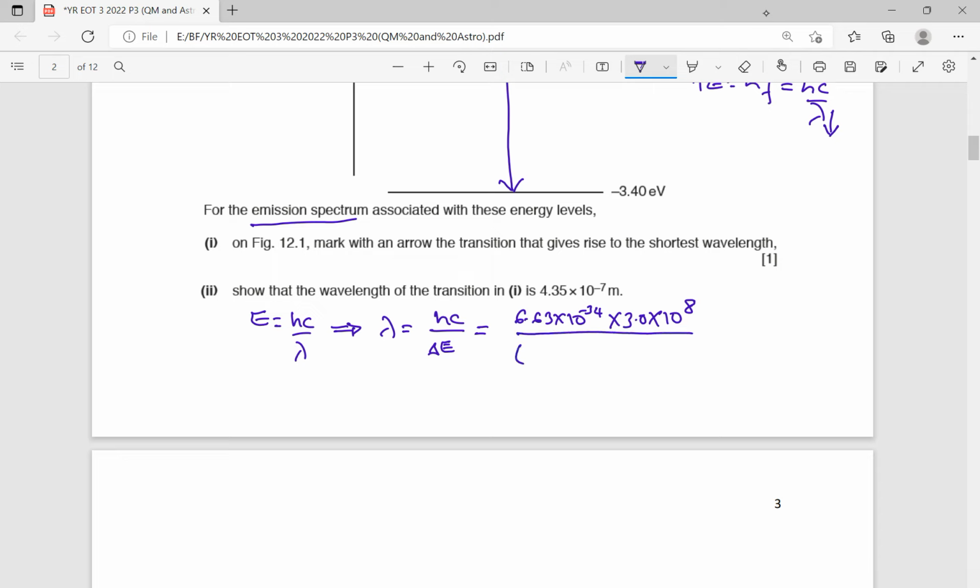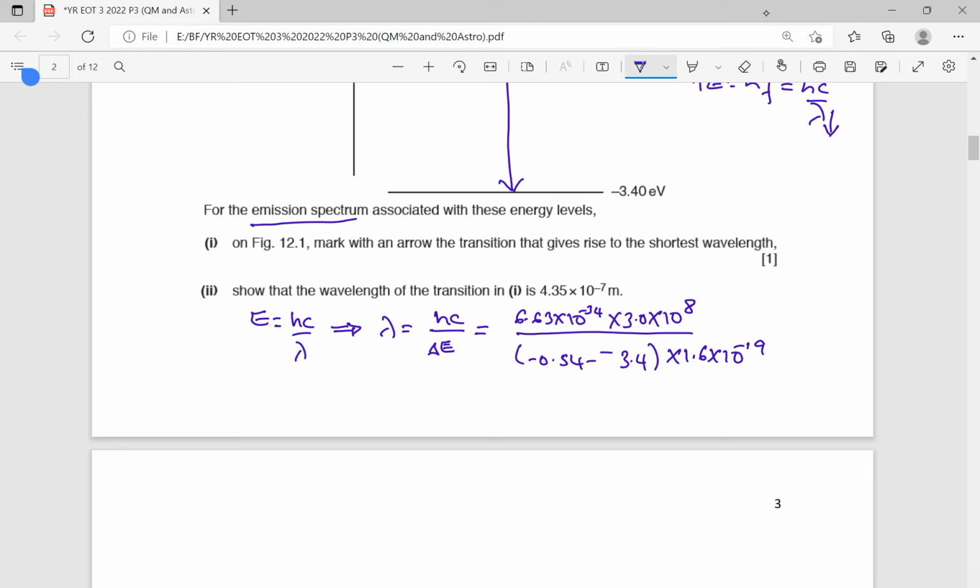So we are moving from negative 0.54 up to negative 3.4. Because it is in electron volts, I will multiply this by 1.6 times 10 power negative 19 to change it to joules.